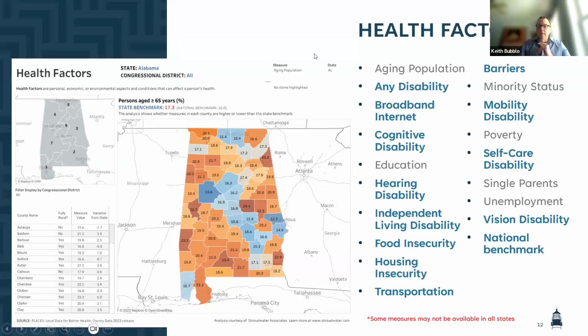Things that are important for health factors, including food insecurity, housing, transportation barriers, very important measures for health outcomes and health equity. Their minority status, people in poverty, single parents, things like unemployment, and there are some others in there as well that are important.